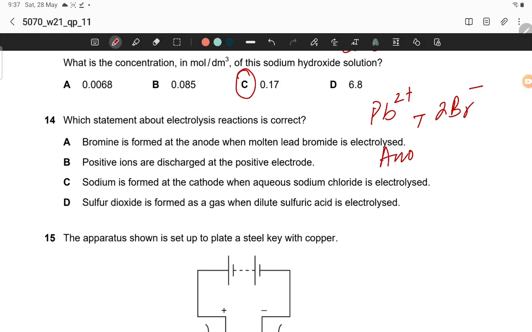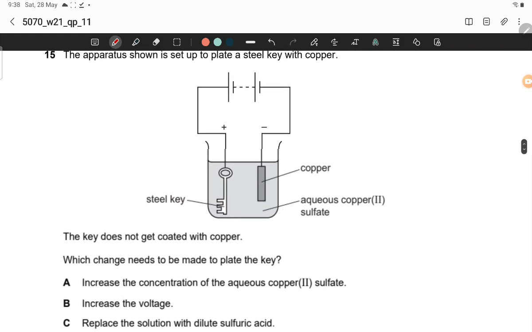At anode, 2 Br negative bromide ion is oxidized after losing electron. So it is formed at the anode, because anode is a positive plate, so negative ions move towards anode, discharge at anode to form bromine gas. So A option is correct.